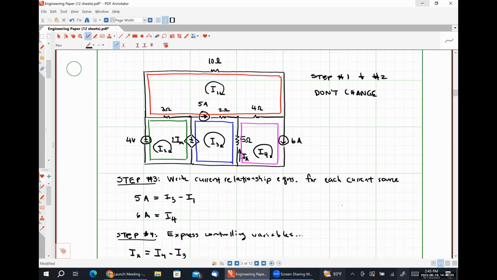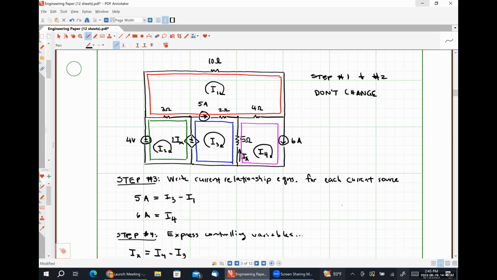Okay. So we are going to have a super mesh anytime a current source is touching two meshes, okay? So that means we're gonna have a super mesh around our 5 amp source, but we are not going to have a super mesh for our 6 amp source because our 6 amp source is only touching one mesh.